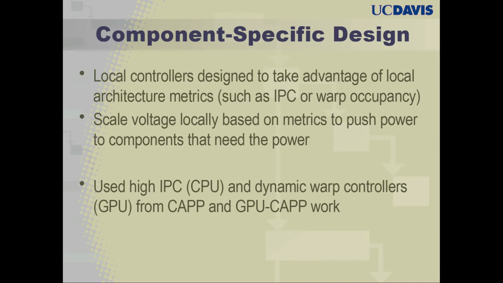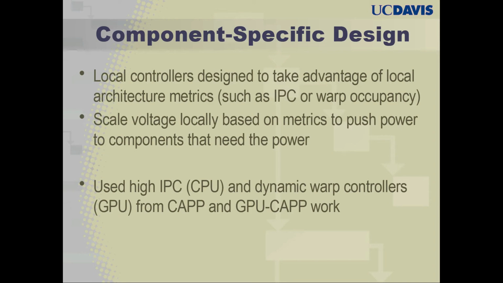Then the local controllers, like I said, are some of the special sauce to this. How you design them will really determine how well you can pull that efficiency out of each component. These local controllers will use the local metrics, IPC, warp occupancy, FIFO occupancy, really anything that you think might be useful, and then you can scale that voltage locally.